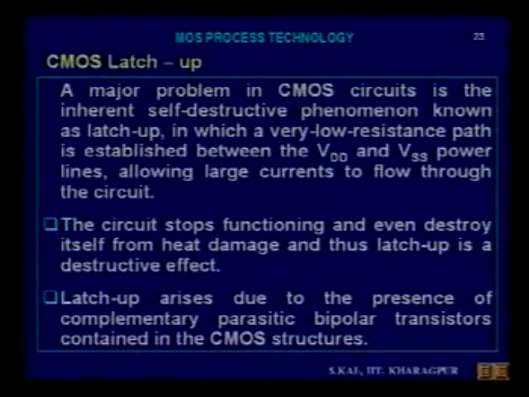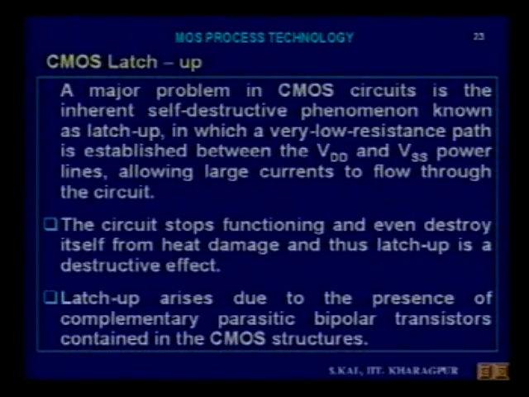Complementary parasitic bipolar transistors will be formed in the CMOS structure. These are one PNP, which is a vertical PNP, and another NPN, which is a lateral NPN transistor.